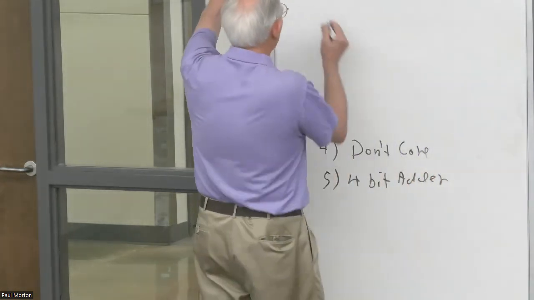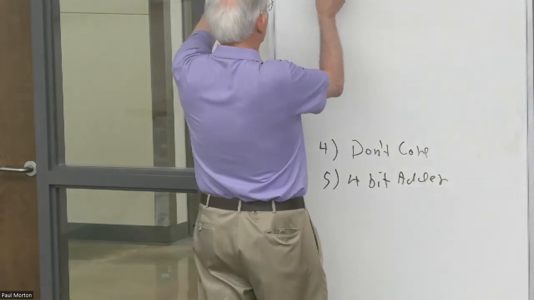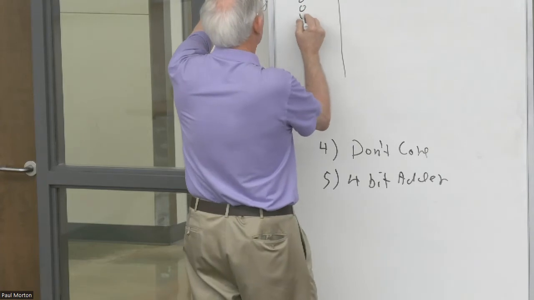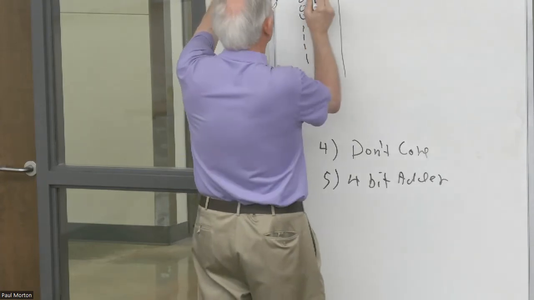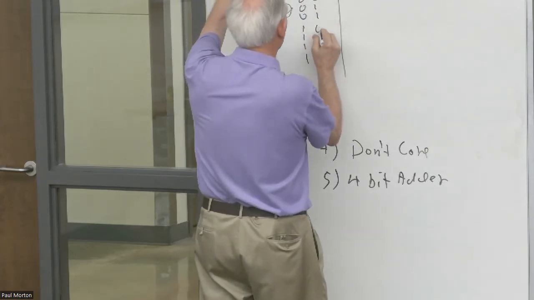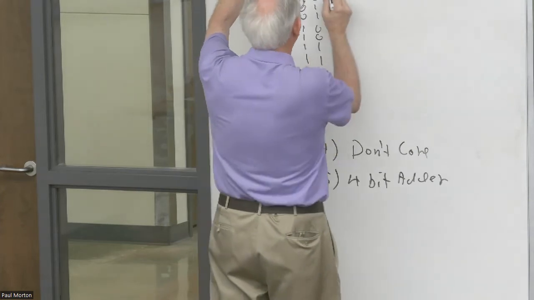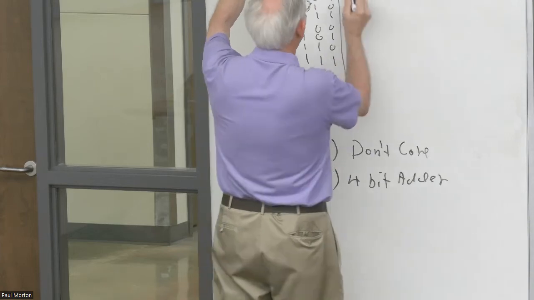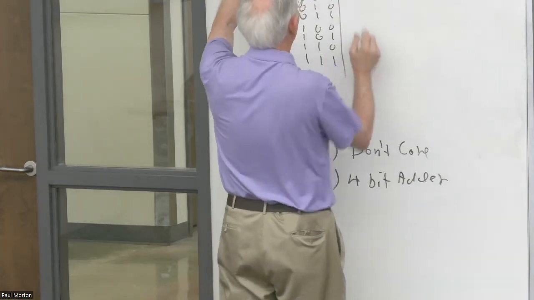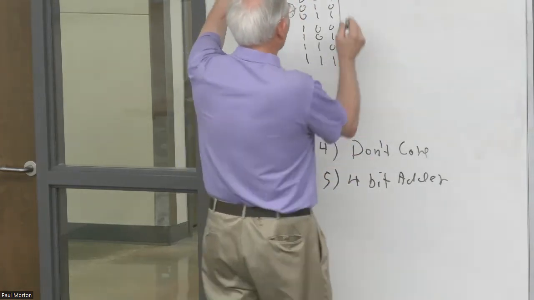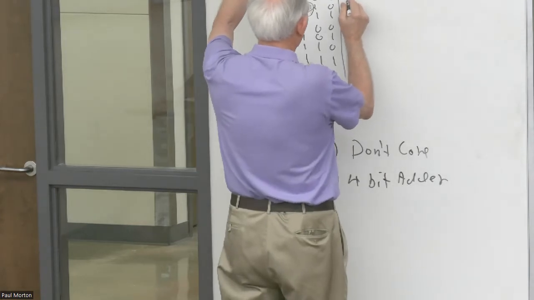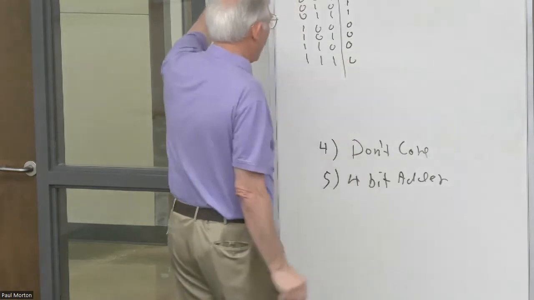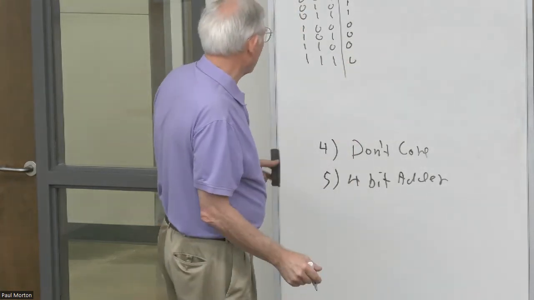But let's say we have ABC and we have an output F. So let's say we have a don't care here, and then we have say 1, 1, 1, 0, 0, 0, 0. Okay, so let's write the expression.